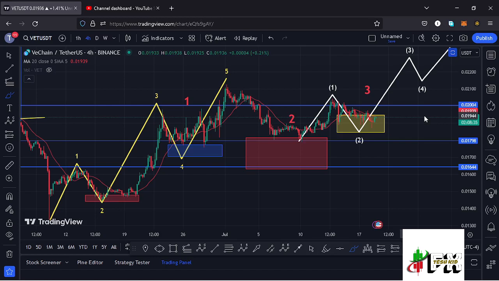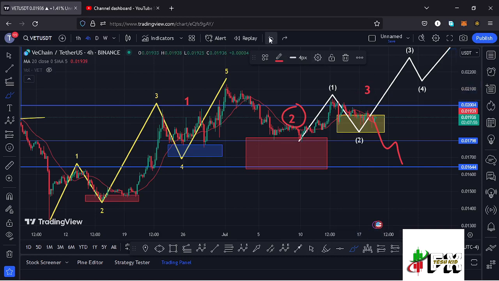Alternatively, in case of a breakdown here on the charts, and maybe we lose our red target area over here, lose the significant support at around the $0.01798 mark, and continue heading further down back into this red target area, then that would be suggesting that we don't have a low in place for the second wave, and we can expect one more new low in the formation of this wave 2 before we can start gearing up impulsively in the formation of this wave 3.